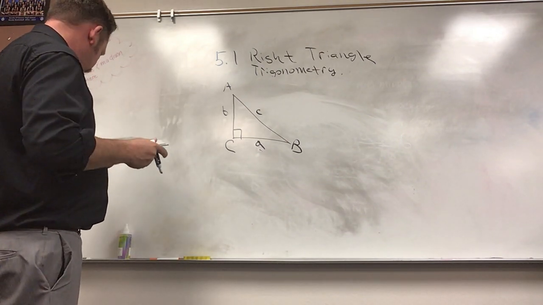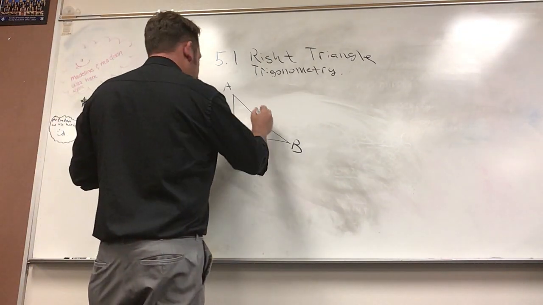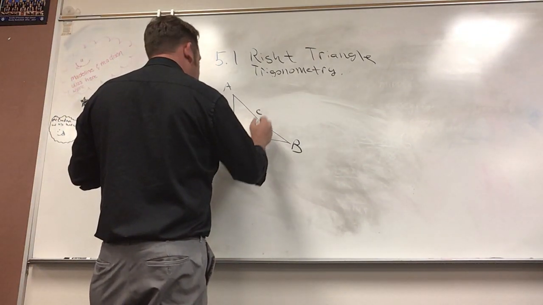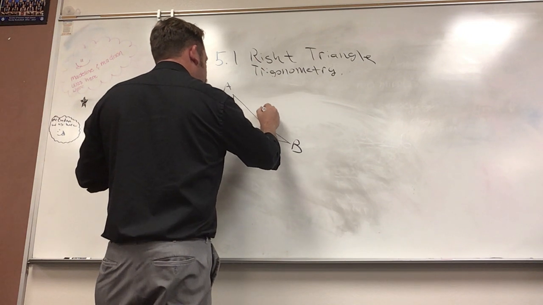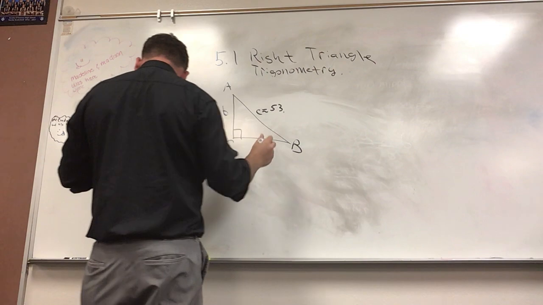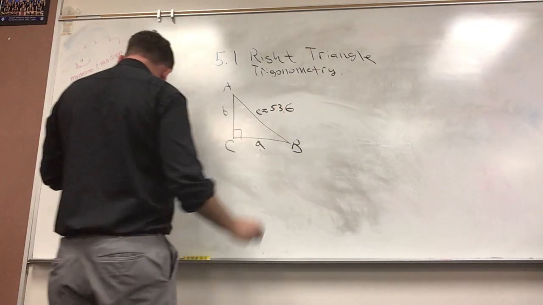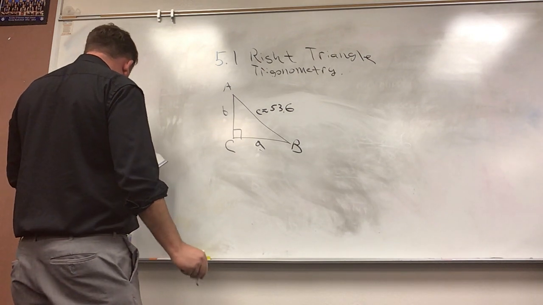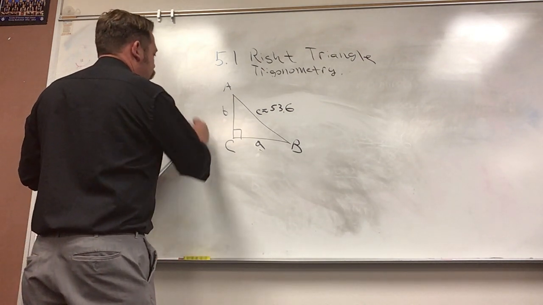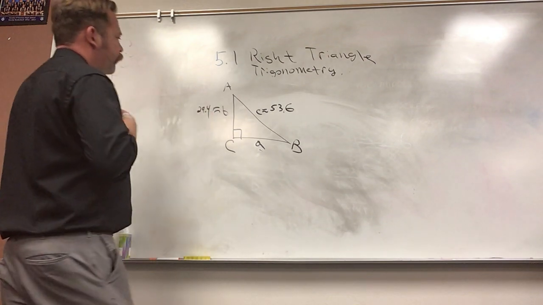All right, so let's give some numbers here. Let's say little c is 53.6. And let's say little a is 29.4.